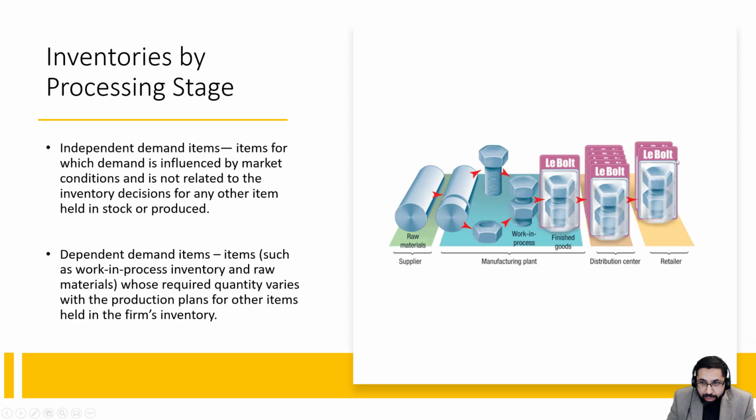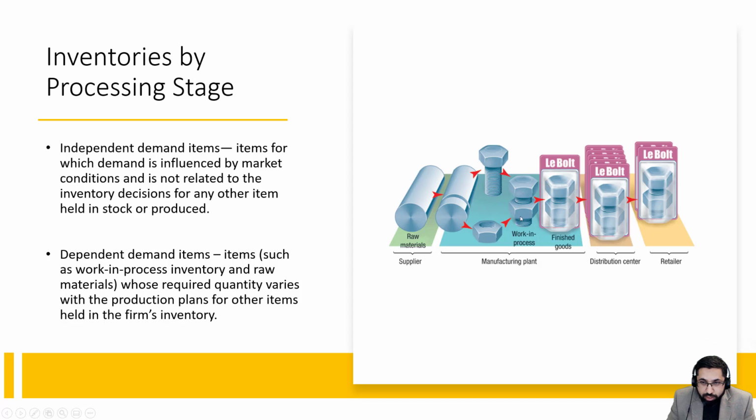So the demand for the finished goods is determined by customers coming to the retailer and buying the finished goods, right? It's external to this supply chain. It comes from outside the supply chain, from the customer. That's independent demand. Based on the demand at the retailer, the demand at other stages works.